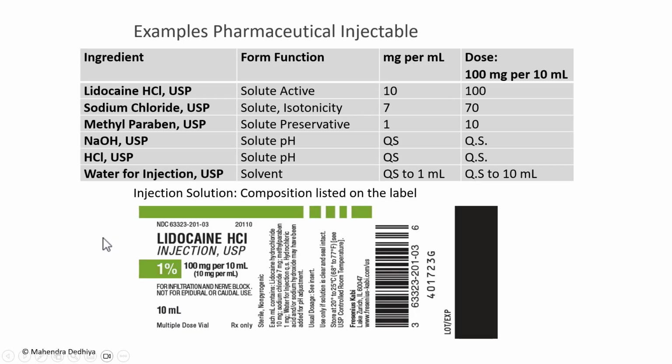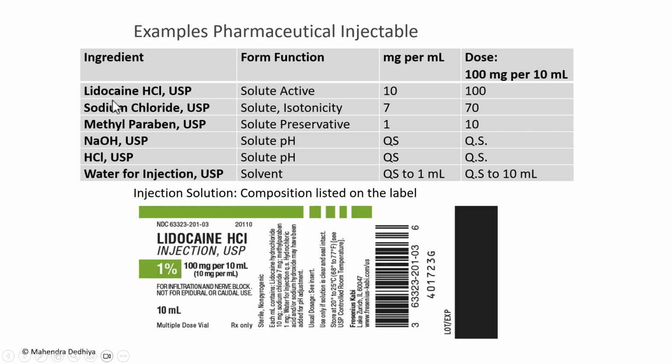Let's look at a pharmaceutical injectable product. The lidocaine injectable has on its label 1%. This does not state what 1% is. One can interpret it's 1% weight to volume. It contains 100 mg per 10 ml dose, and lidocaine hydrochloride is 10 mg per milliliter. In an injectable solution, composition is generally provided on the label or in the package insert.